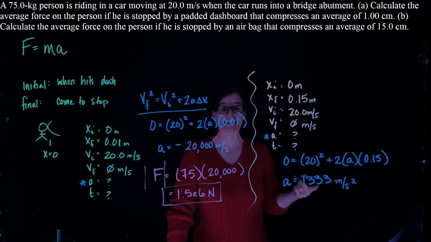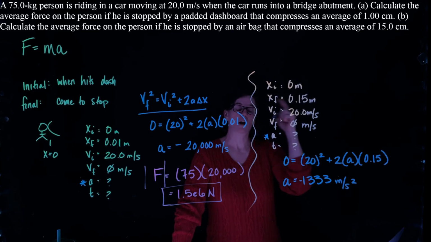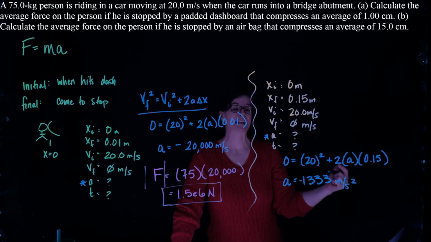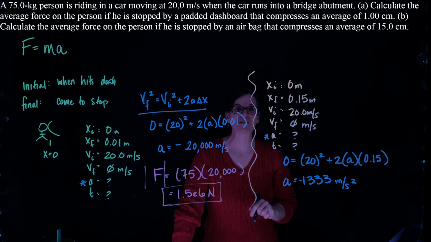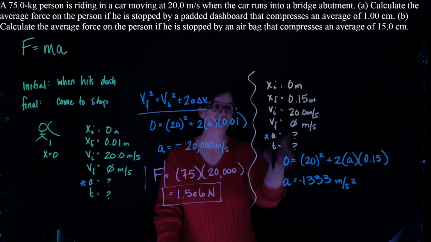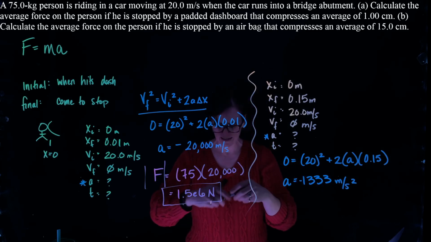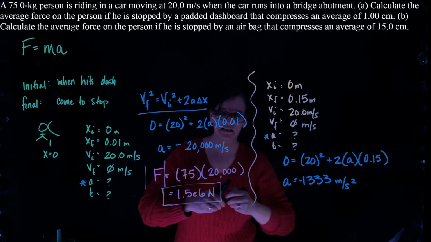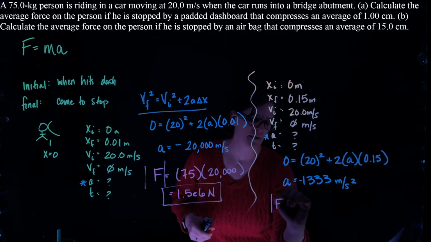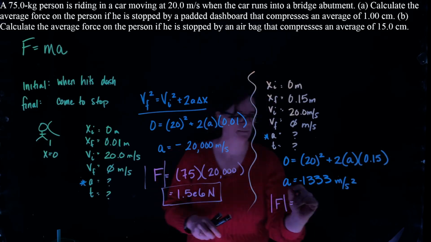Again, that negative tells us that our object is accelerating in the opposite direction of the motion, to the left, and our motion was to the right, so it's going to slow down. I can then use that acceleration in my force equation. I'm just going to look at the magnitude.